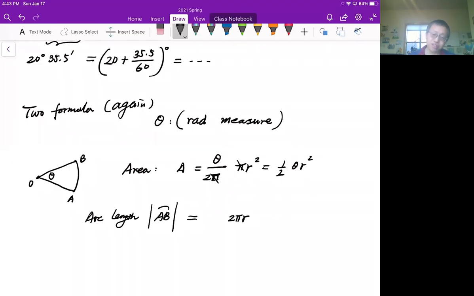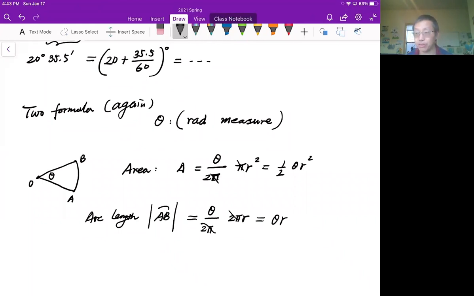But since it's in radian measure, the denominator should be just 2 pi, and the numerator should be just theta. And amazingly, the 2 pi and 2 pi cancel out, so that makes things much easier. So it's just theta times r.